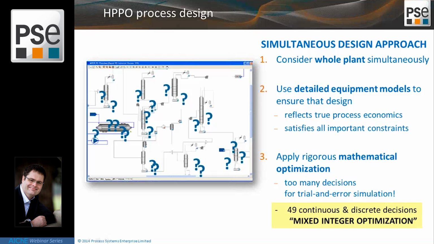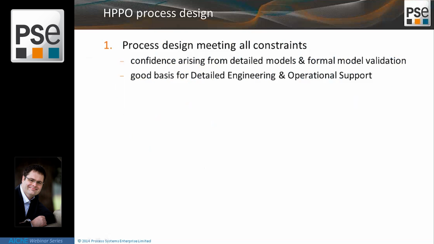So that is obviously all very nice, but what did this result in? Well, we ended up with a process design that met all the constraints. This is obviously inherent in our process. Once we find a solution that is optimal and satisfies all the constraints, we're in good shape.